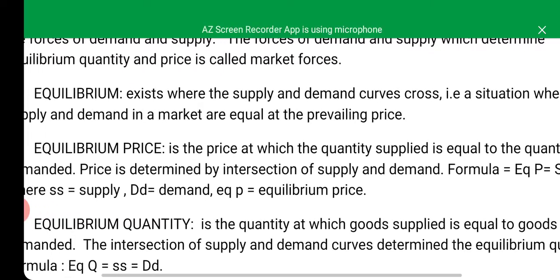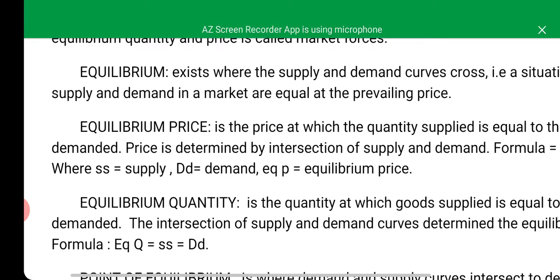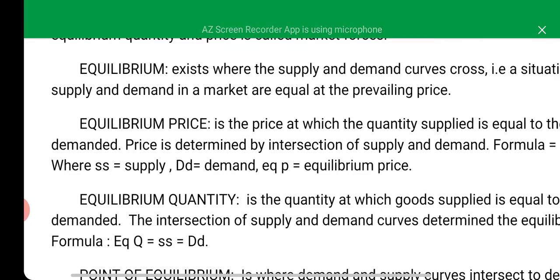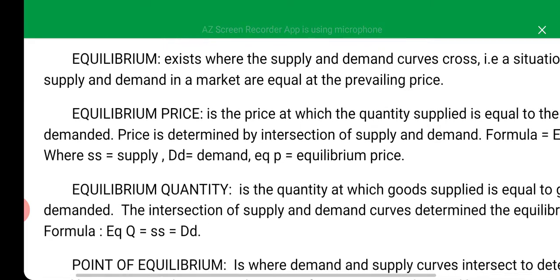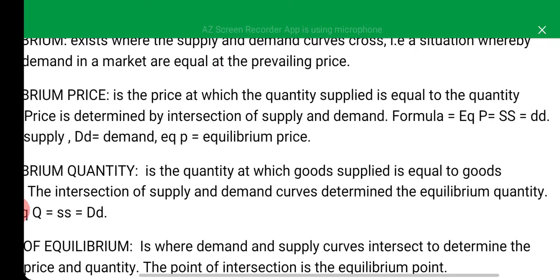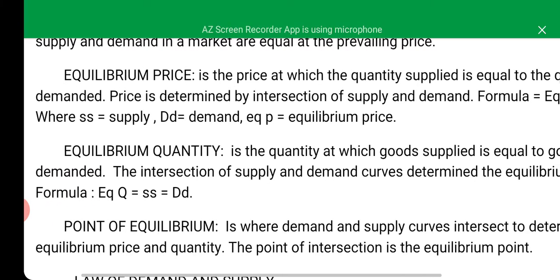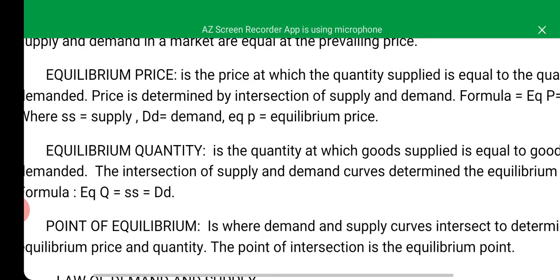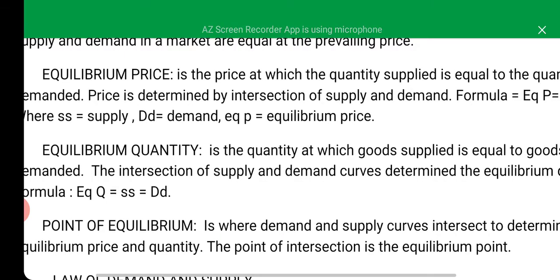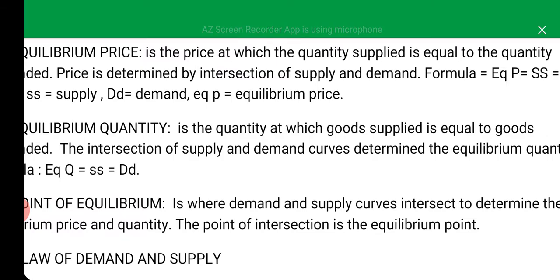That is, a situation whereby supply and demand in the market are equal at the prevailing price is what we refer to as equilibrium. So the equilibrium price is the price at which the quantity supplied is equal to the quantity demanded. That price is referred to as the equilibrium price, and the price here is determined by the intersection of supply and demand.